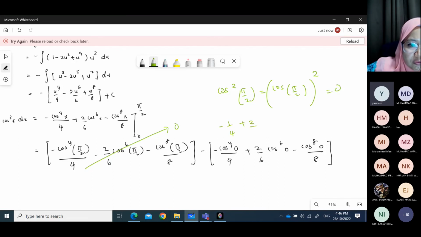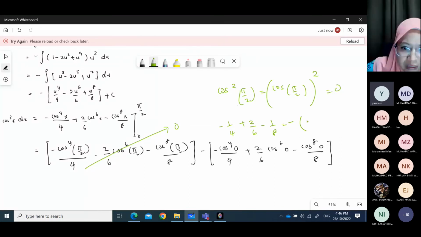So this one we have negative 1 over 4. So plus 2 over 6. This one you akan dapat 1. Cosine 0 is 1. So 1 to the power of 6 is 1. And then negative 1 over 8. Okay, so ada negatif kat luar ni. So jawapan dia, okay.